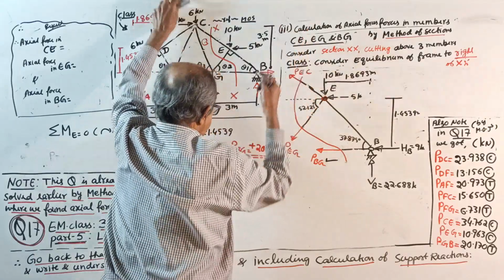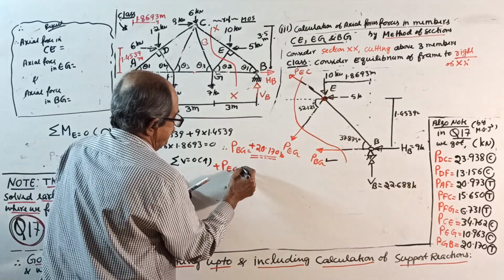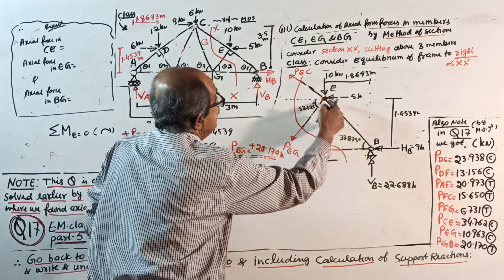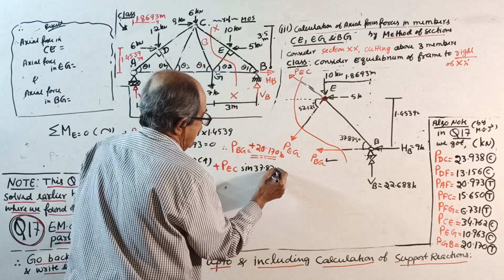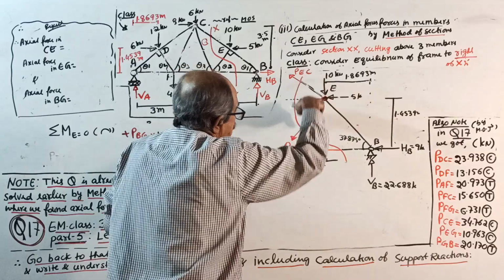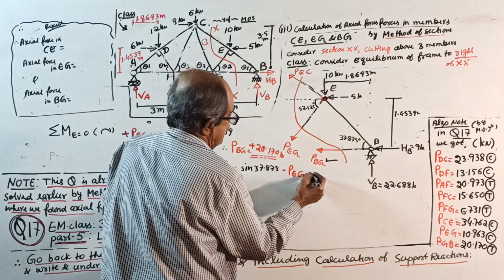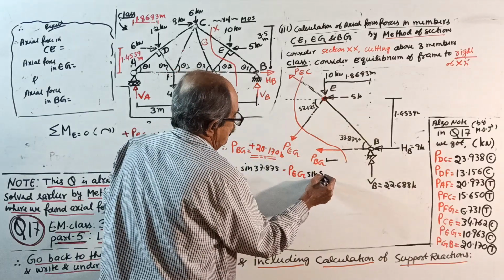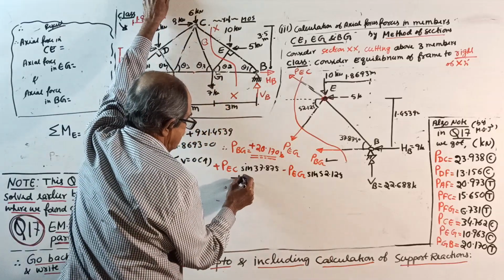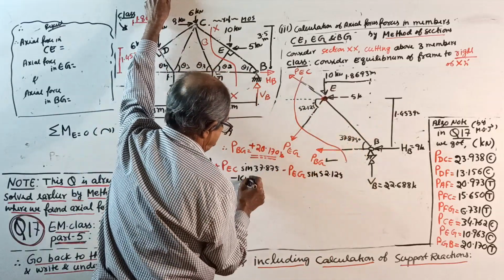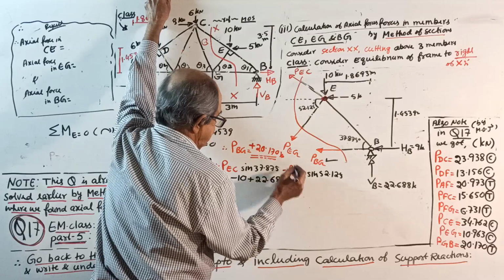Plus PEC sine of 37.875, minus PEG sine of 52.125, minus 10, plus 22.688 equal to 0.